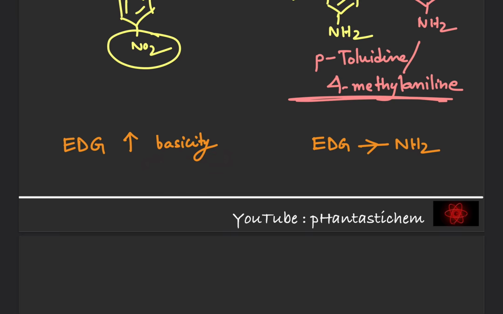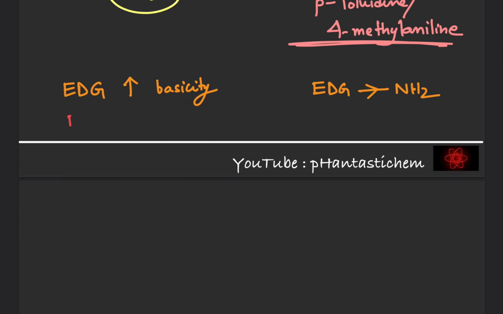Okay, and electron withdrawing groups decrease the basicity of amines. Okay, because they withdraw electron away from the nitrogen atom. With respect to the diagram, an electron withdrawing group connected to NH2 withdraws electron away from the nitrogen atom, so therefore it decreases the electron density on nitrogen and hence the basicity.